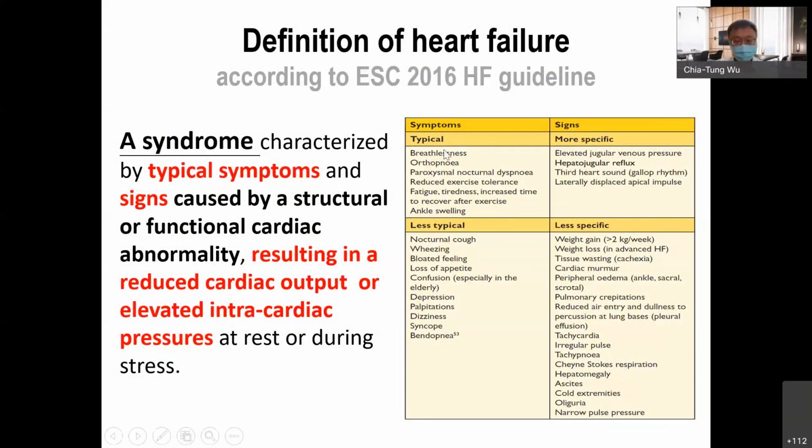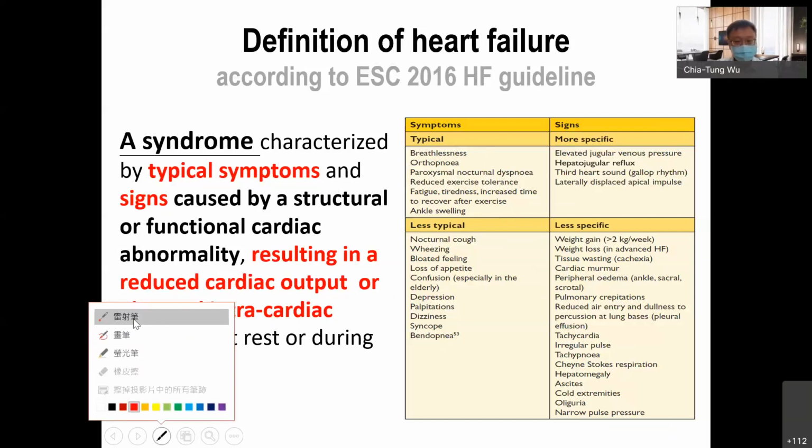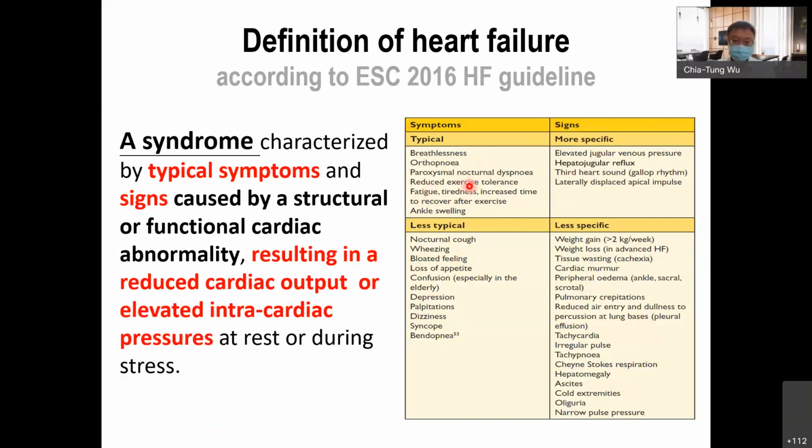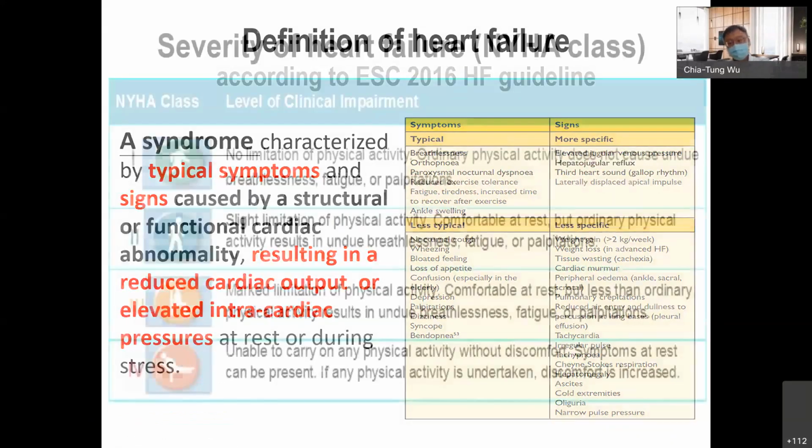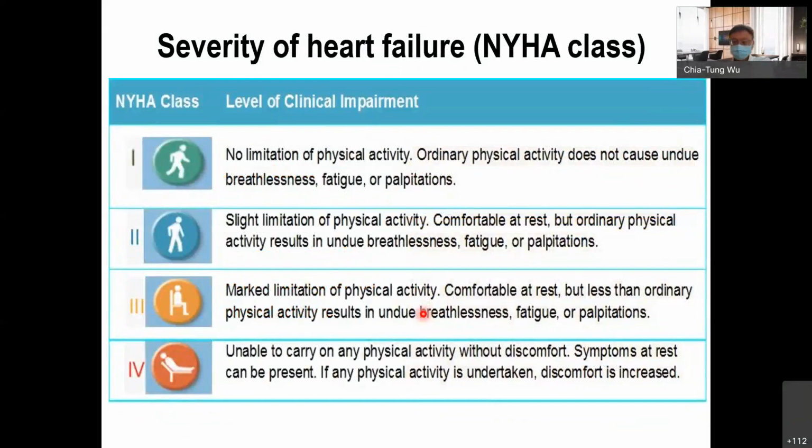So a patient will feel breathless, orthopnea, and also paroxysmal nocturnal dyspnea. That means you wake up at night and feel very difficult to breathe, and reduced exercise tolerance, fatigue, and ankle swelling. So heart failure includes a group of symptoms when your heart does not function very well.